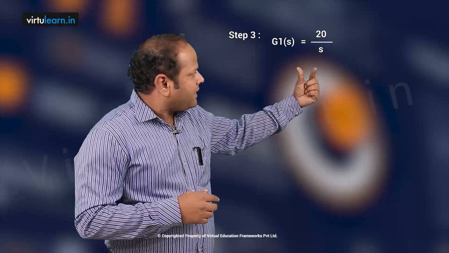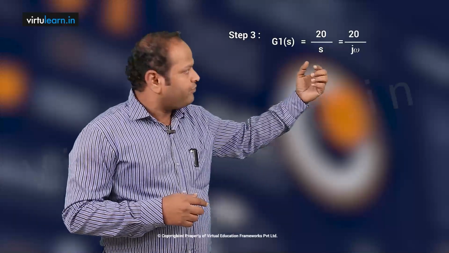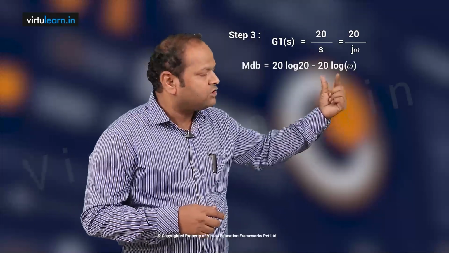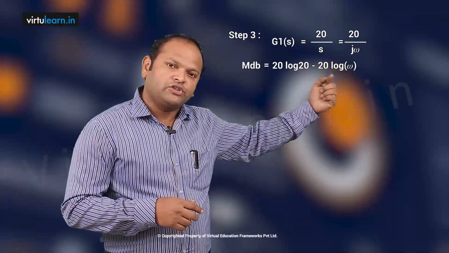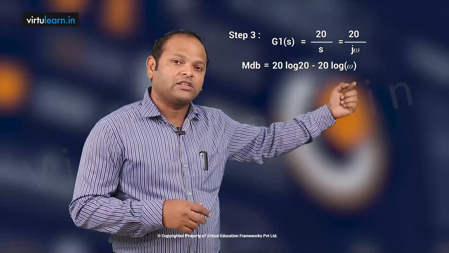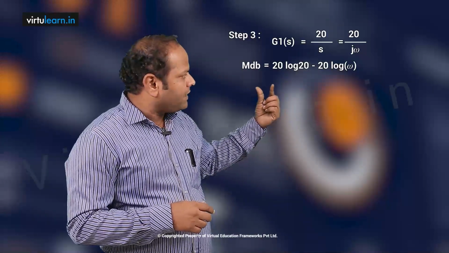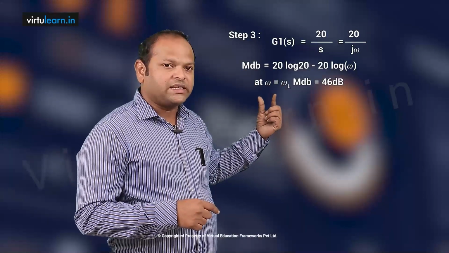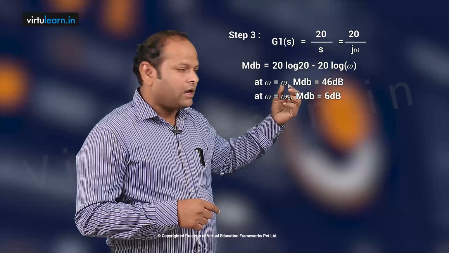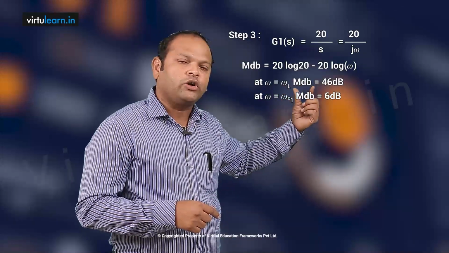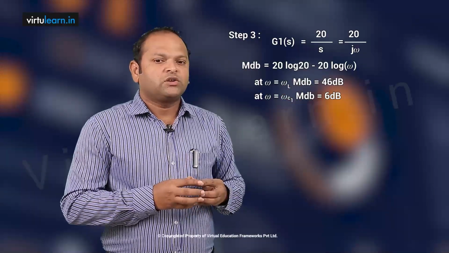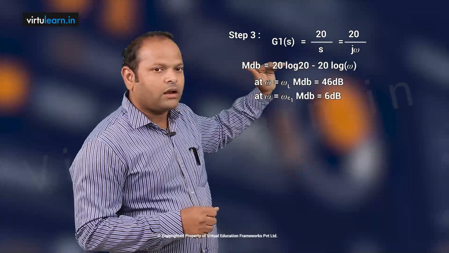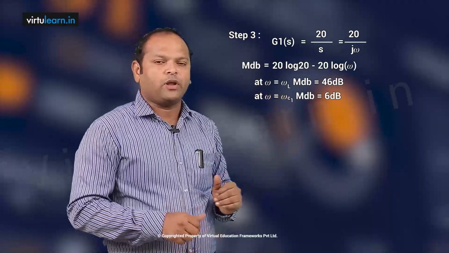So this 20 by s is 20 by j omega. Therefore, what will be the MdB value? 20 log 20 minus 20 log omega. When you substitute omega as omega L, that is 0.1, then we will be getting it as 46 dB. And when omega is omega c1, that is 10, then your MdB value is going to be 6 dB. So we have 46 dB and 6 dB for omega L and omega c1 MdB values.